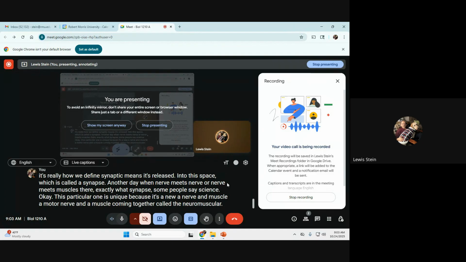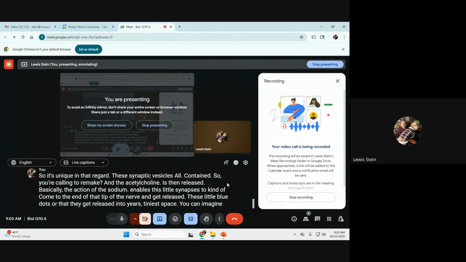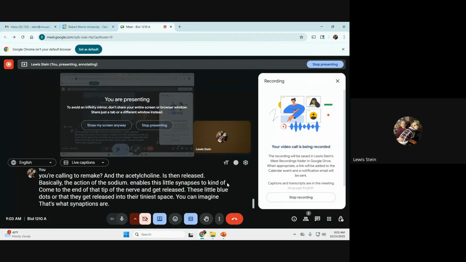Basically, the action of the calcium enables these little vesicles to come to the end of that tip of the nerve and get released. These little blue dots are that. They get released into the area. It's the tiniest space you can imagine. That's what synapses are. A joint space is bigger than that. Really, this is a microscopic, not a macroscopic space. So imagine two objects that are just about touching each other, but on a microscopic basis.